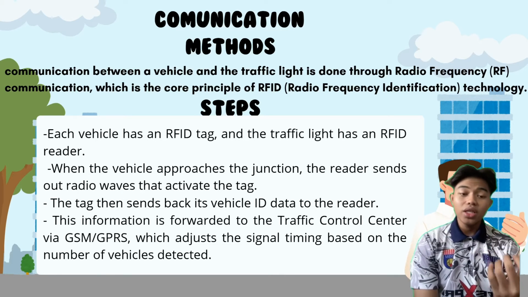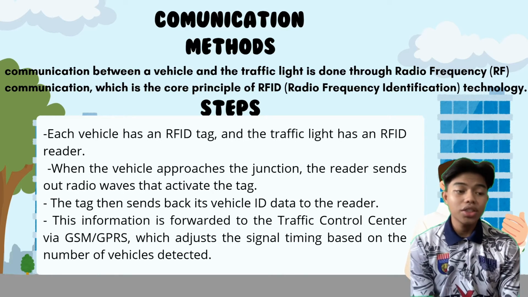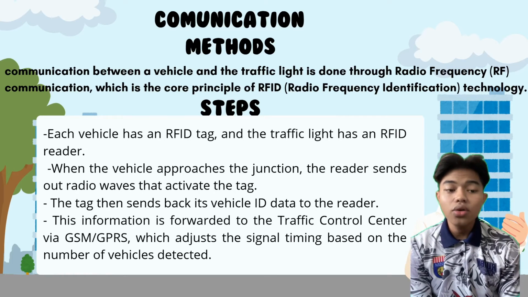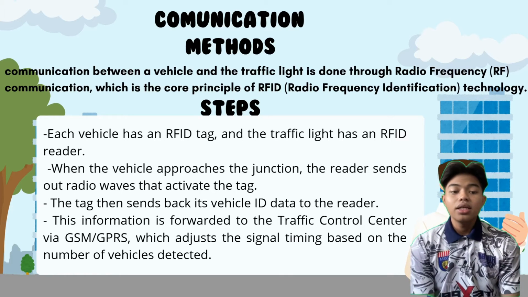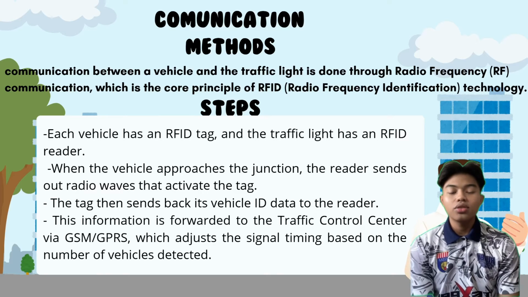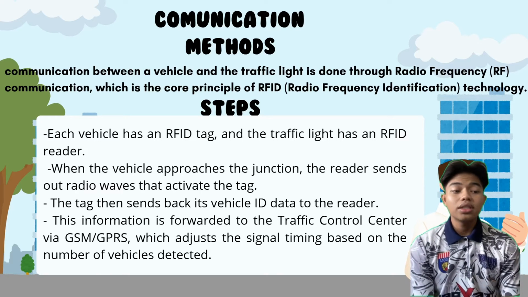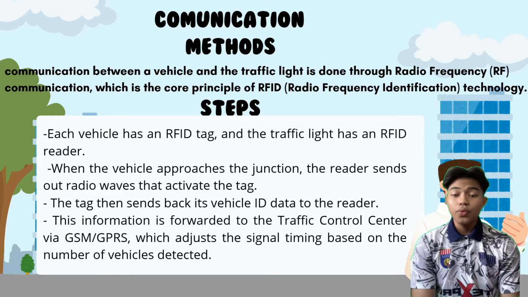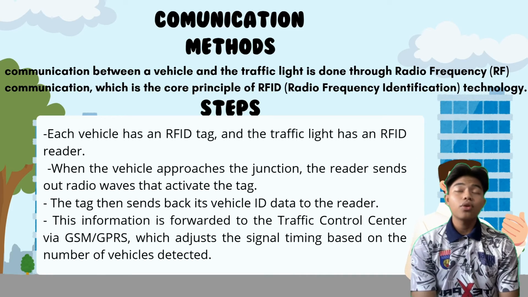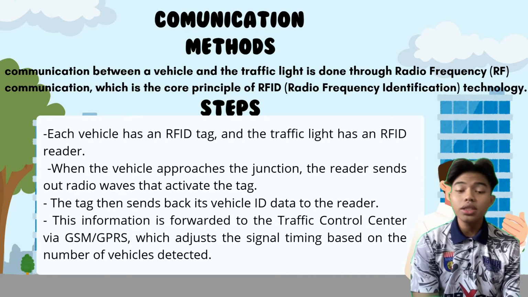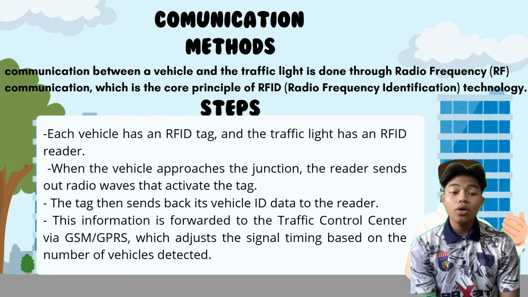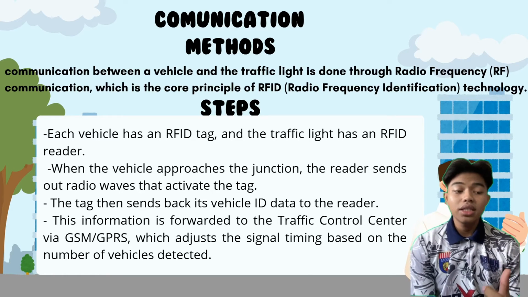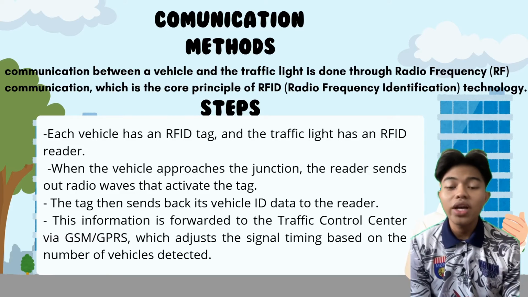When the vehicle approaches the junction, the reader sends out radio waves that activate the tag. The tag then sends the vehicle data back to the reader. This information is forwarded to the traffic control center via GSM, or also GPRS, which adjusts the signal timing based on the number of vehicles detected.